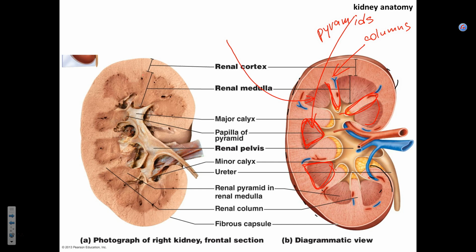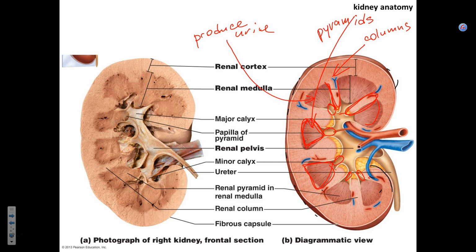Well, technically speaking, at the time filtrate leaves the renal pyramid, it is already urine. Urine from the renal pyramids accumulates in the space between renal columns called minor calyx.